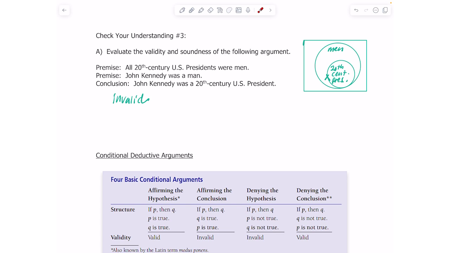So again, the reason I'm putting the X there is because it says John Kennedy was a 20th century US president, right? And John Kennedy was a man, right? So that's true. And the first premise was true. All 20th century US presidents were men. Okay, but in order for the conclusion to be true, the X would need to be inside the president's circle, but it's not. So the argument is invalid.